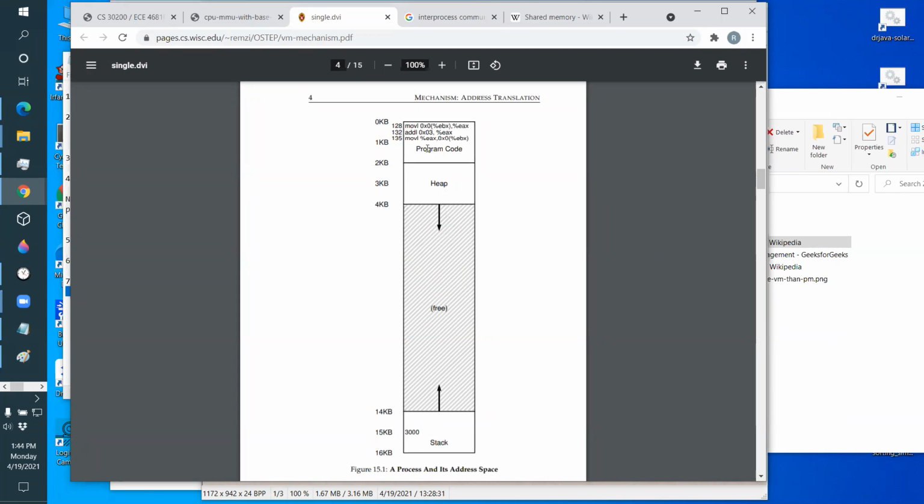If one overlay was bigger than the other overlay, then you'd have to move the heap, for example, to make room for the second overlay, unless you made this segment as big as the size of the largest overlay. So you could make this segment the size of the largest overlay, but it was kind of hard to do this if you had only one base and bounds register.